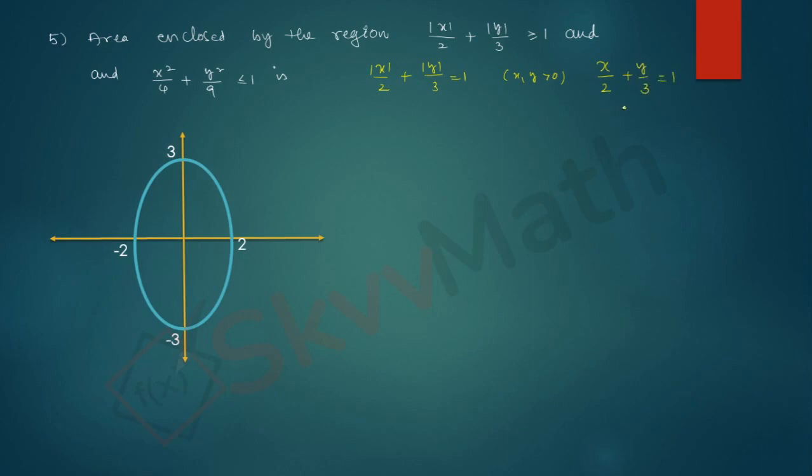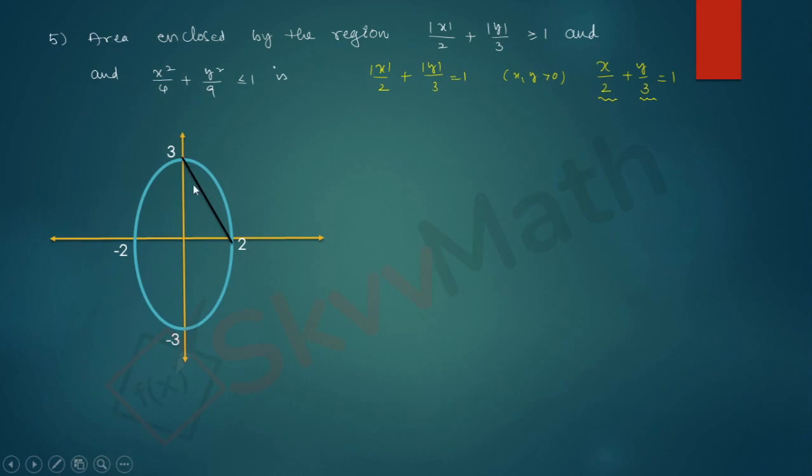You know, it's an equation of a line whose x-intercept is 2 and y-intercept is 3. So if you draw this line like this, x-intercept is 2 and y-intercept is 3. Now if x, y positive, this is the line segment you are going to get. It is only in the first quadrant, so you get just a line segment.